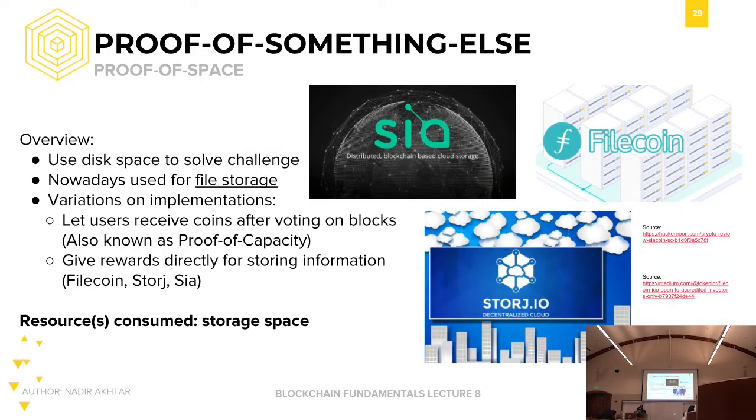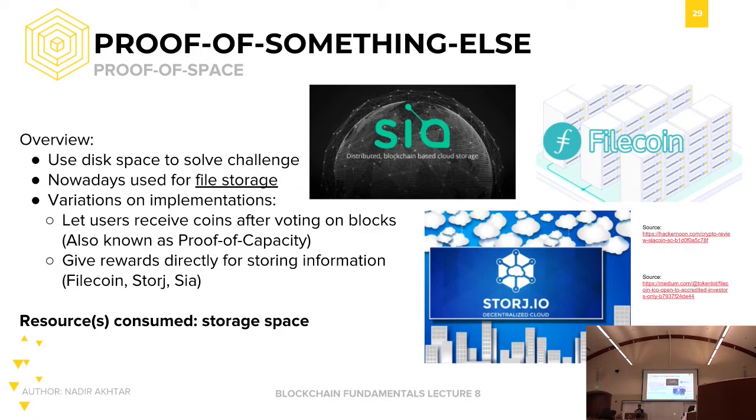Yeah. You have proof of space, which is an interesting one. This is where you use your disk space in order to solve some challenge. Nowadays you use it for proving that you're storing some files on behalf of someone else. You may have heard of Sia, Filecoin, Storj. All of these are ways by which you can store information for other users and as an implication get rewarded.